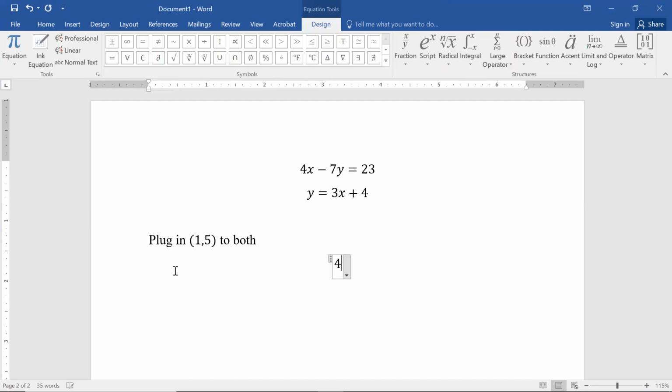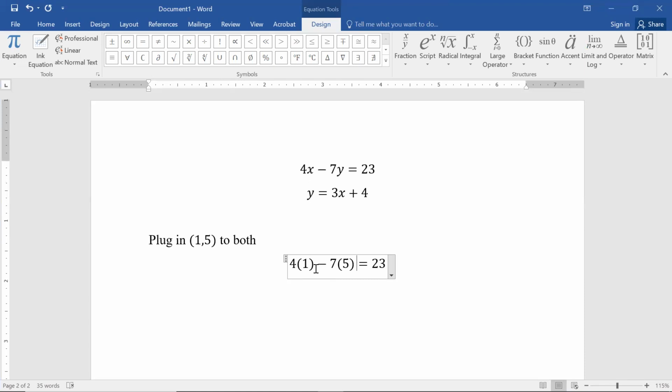All right, so I take 4x minus 7y equals 23. I replace the x with a 1. I replace the y with a 5. That becomes 4 minus 7 times 5.